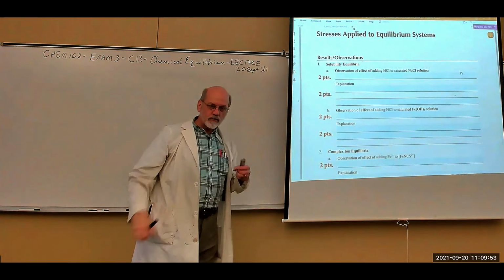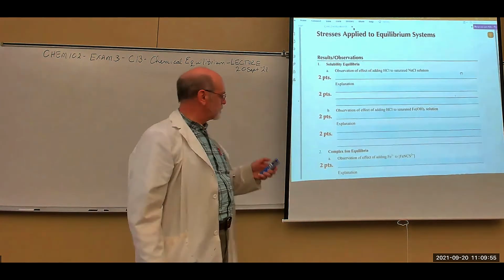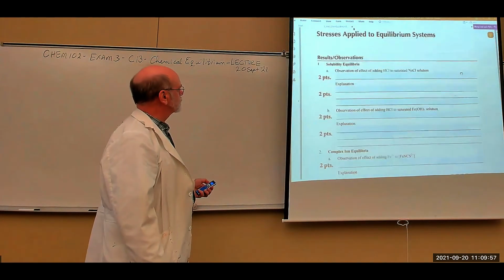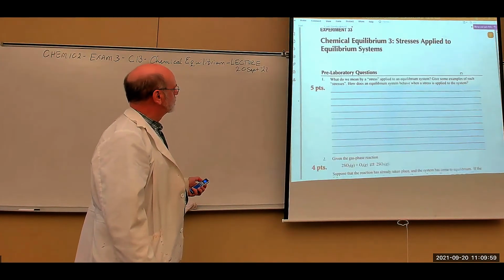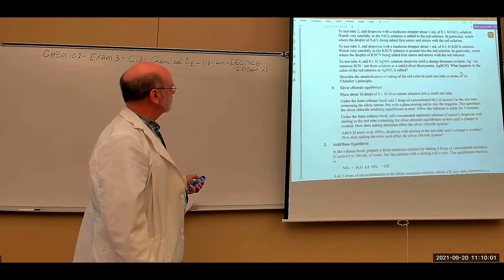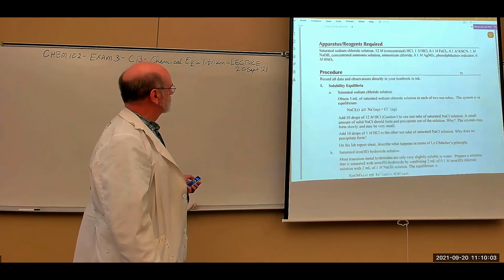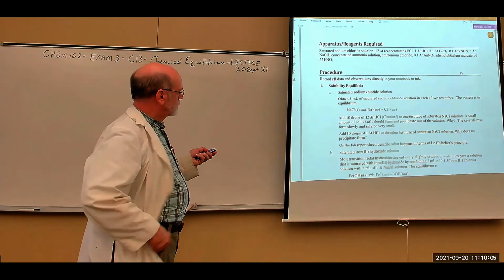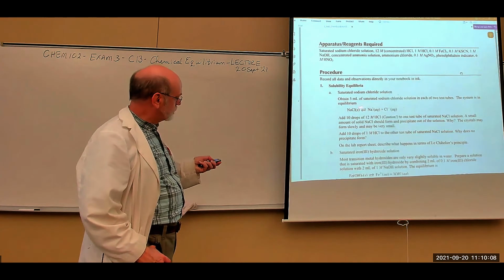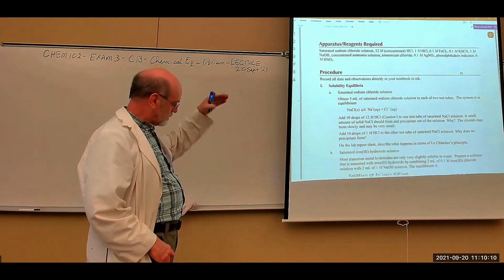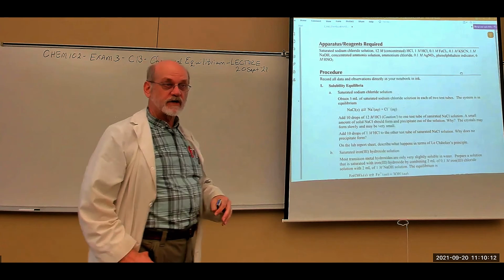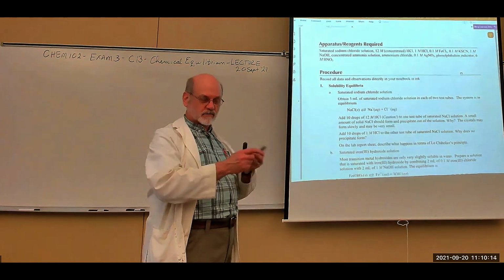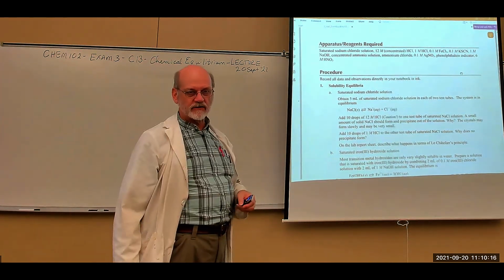So you'll go through step by step the procedure, which should be back up. Let's see. Here, where does it start? Procedure. So here's where the solubility starts for the sodium chloride, and then you step down through various procedures, and then you have that sheet with places to write your information.